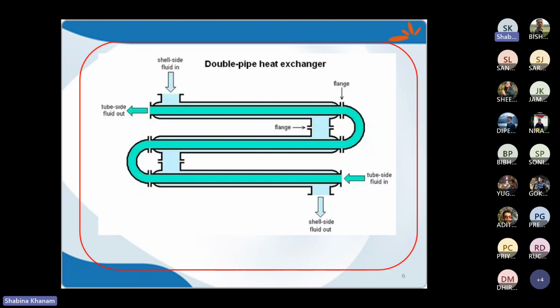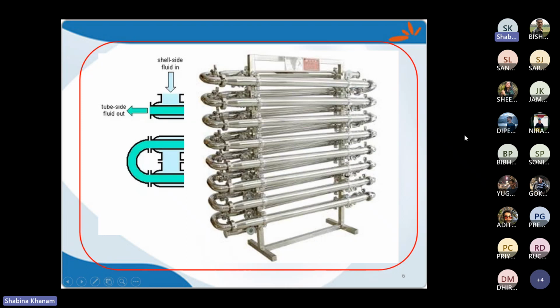So usually the double pipe heat exchangers which are used in the industry are of this type only, with multiple hairpins. Just an industrial heat exchanger I am showing over here. If you count, these are the hairpins. So here 1, 2, 3, 4, 5, 6, 7, 8, 8 here and 8 here.